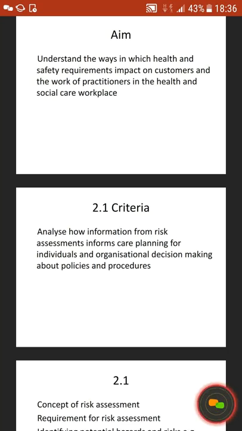So, in this section, you need to write about how a risk assessment creates guidelines and protocols. It's to determine what policies and procedures need to be upheld in practice. I'm going to give you an example.